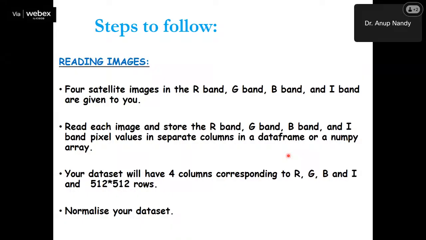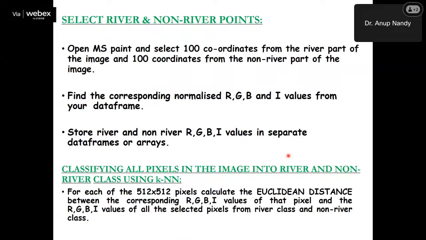Then you can find a mean normalized image, and from the mean normalized images you take the test images and do it the other way. It will be useful in some cases, give a very good understanding, and help in the computational process. This way we can store the river and non-river values in separate data frames.